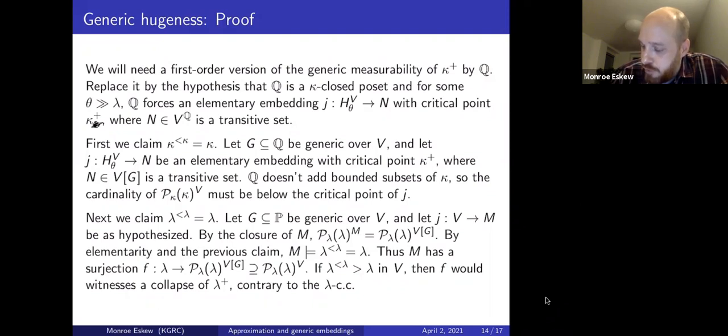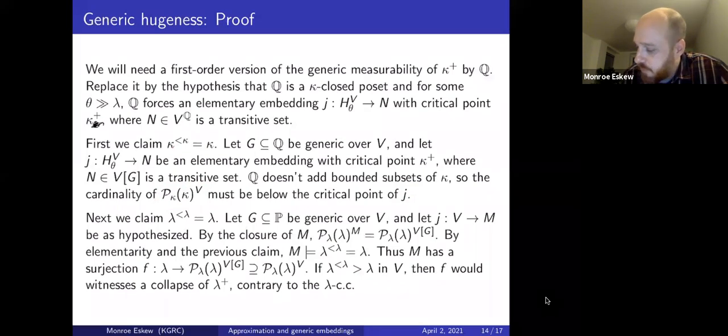So if you look at P_kappa of V, you're not adding anything to that, but the embedding, if this thing had cardinality at least the critical point, it would stretch an enumeration into something longer. So you would add sets. Since it's kappa-closed, we don't do that. That means the cardinality of this must be below the critical point, which means the only possibility is that it equals kappa, of course.